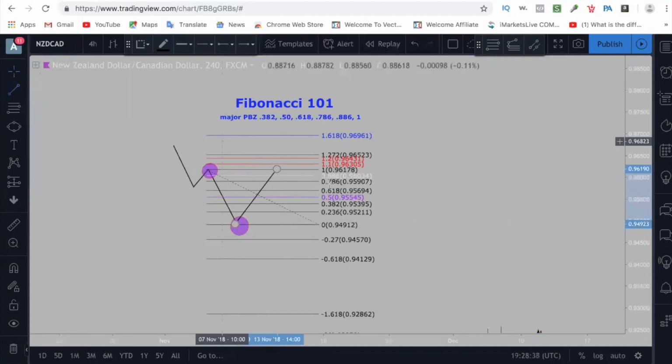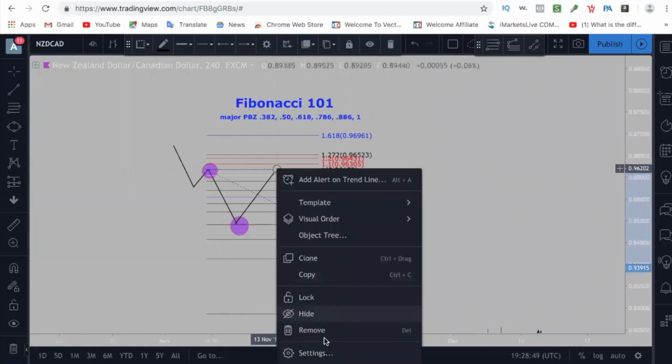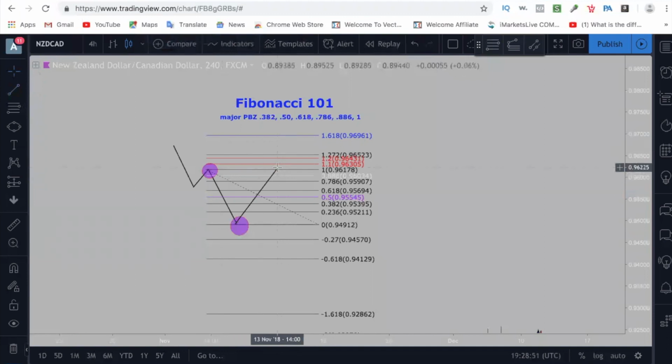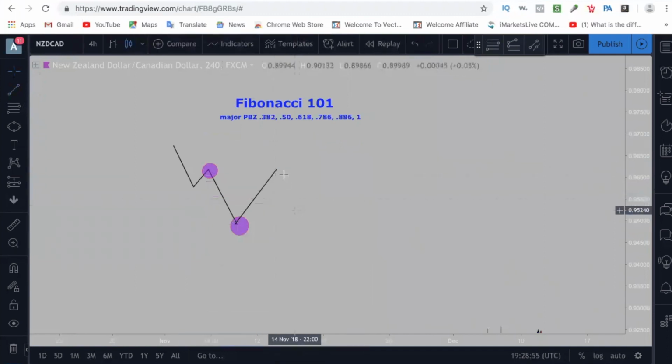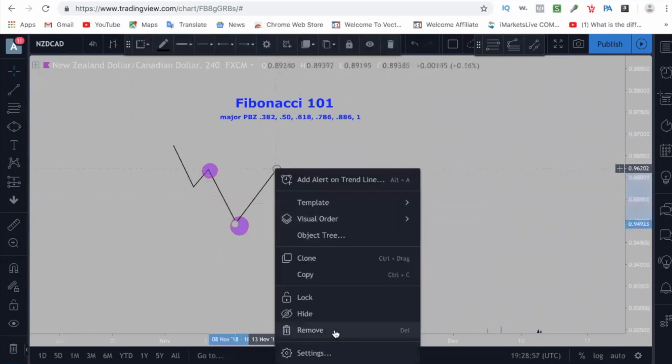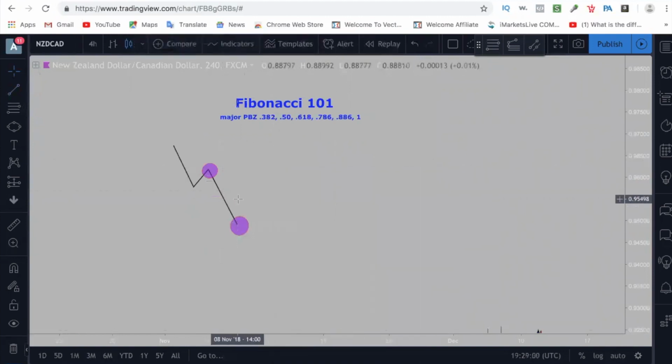Once you have gotten that indication, you will start to see patterns of continuation back with the trend. And that's how this tool works. It's not a strategy, it's a tool. Some people will plot strategies around it, but for the most part, it's a tool to utilize so you can see how far the market will pull back before continuing with the trend.